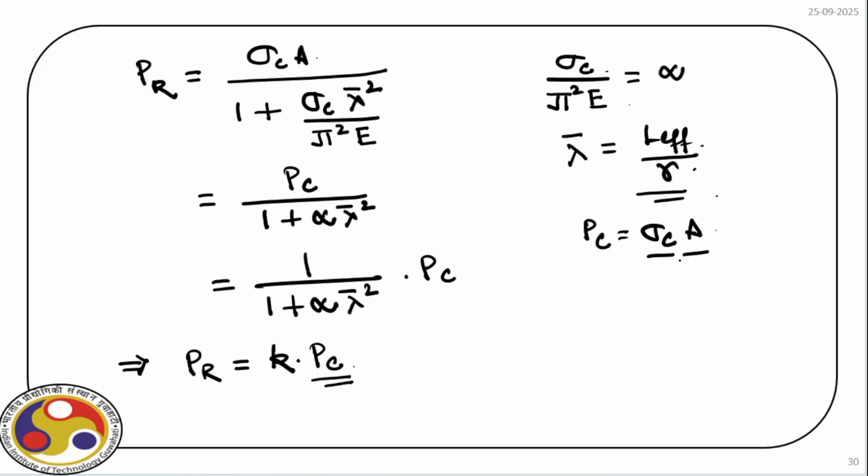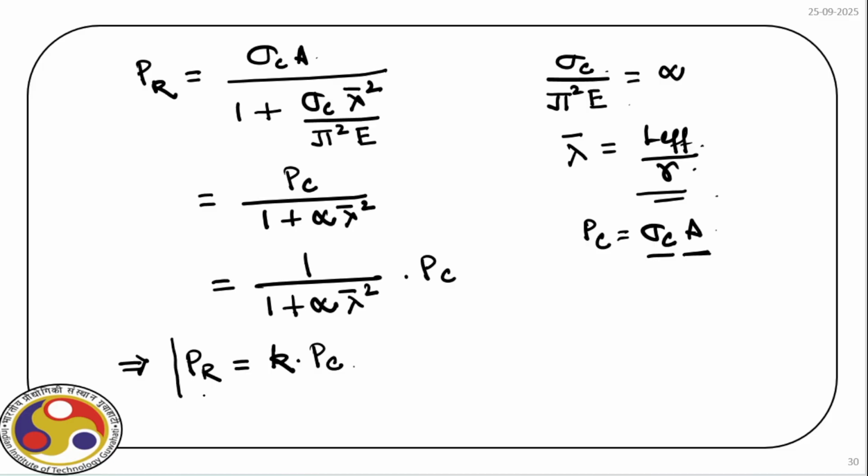So if we find out the compression capacity of the column, then if we multiply that with a factor, we can take care of the effect of buckling that is modeled by Euler's buckling formula, and we get this expression for critical load as per Rankine.